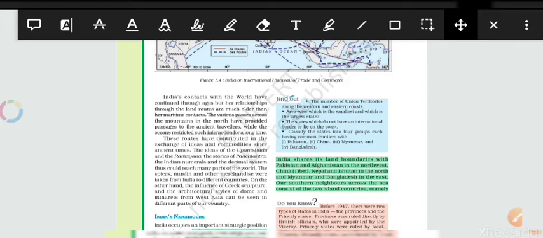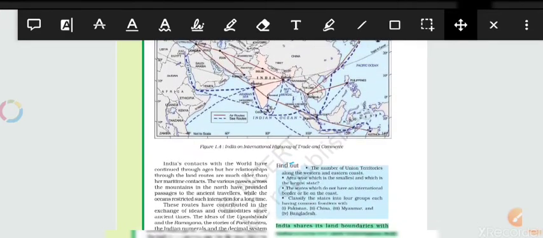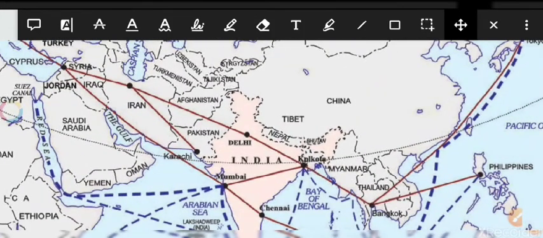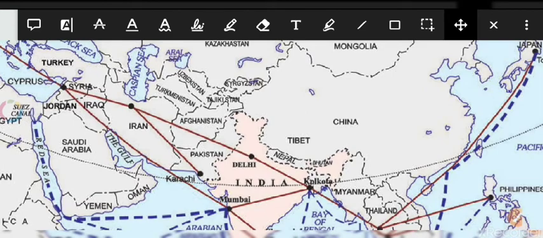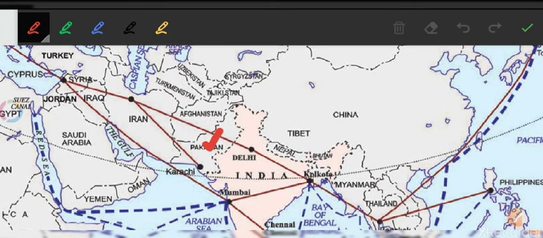What I was telling is that you have to understand what the neighboring countries of India are. From this map, you can see that India has Pakistan, Afghanistan, China, Nepal, Myanmar, and Bhutan.